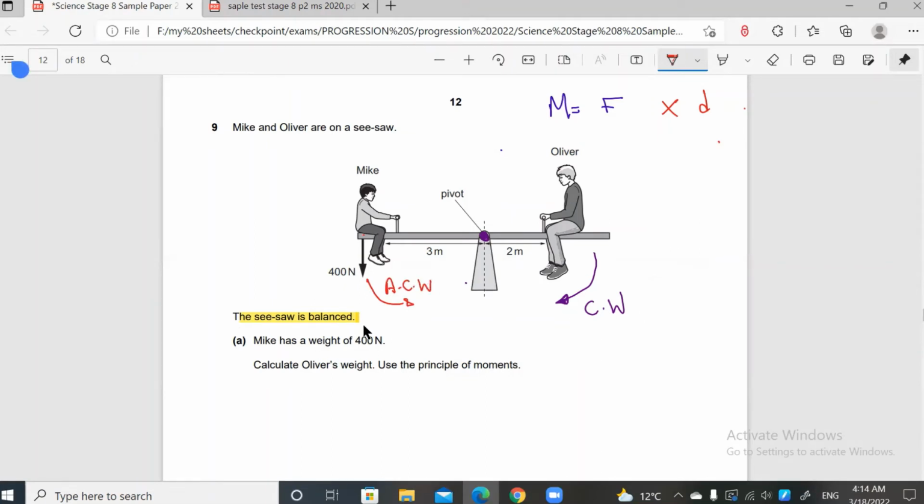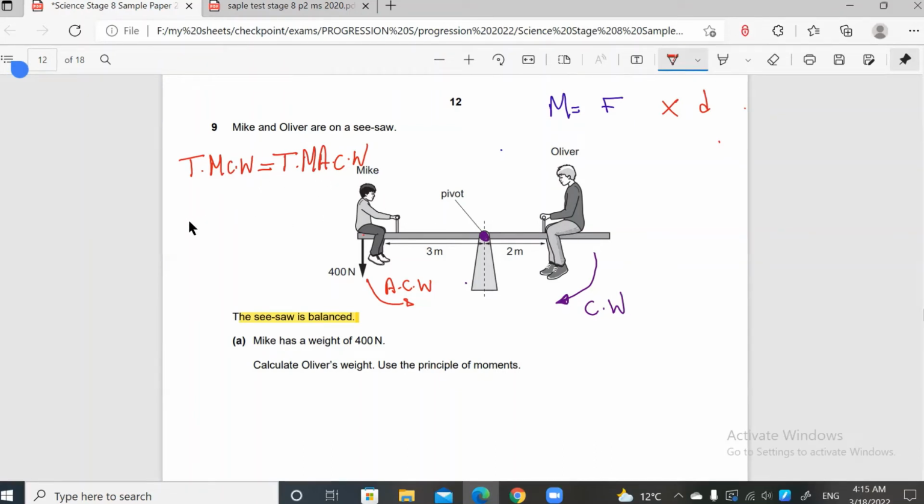When the seesaw is balanced, the total moment clockwise must equal the total moment anti-clockwise. I'm just using a symbol to save time. You cannot write it like this symbol. You must write it with complete words: total moment clockwise must equal total moment anti-clockwise.